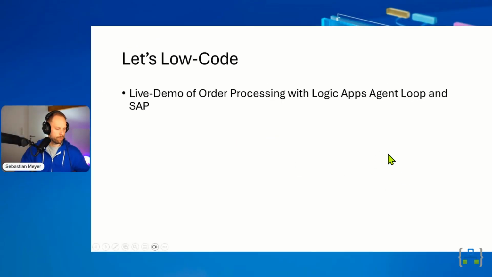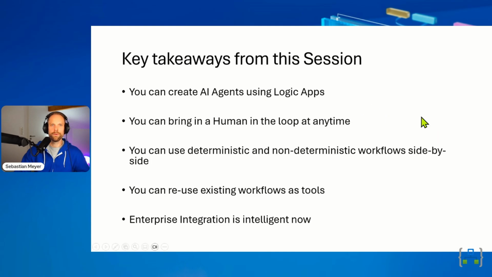And so that was the live demo. So you've seen that this is working. And this is also important for you to have some key takeaways from this session. So what are your key takeaways from today's session? First one is you can build real AI agents with Logic Apps.